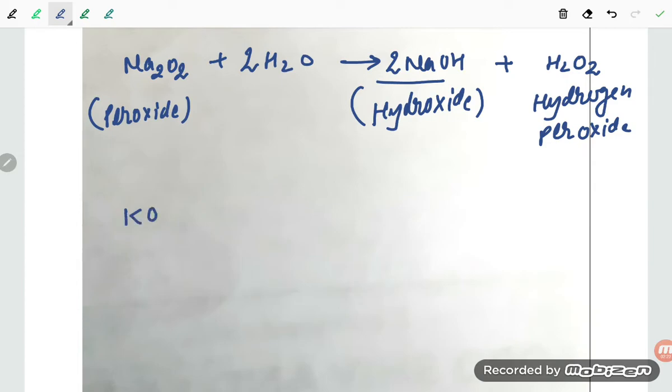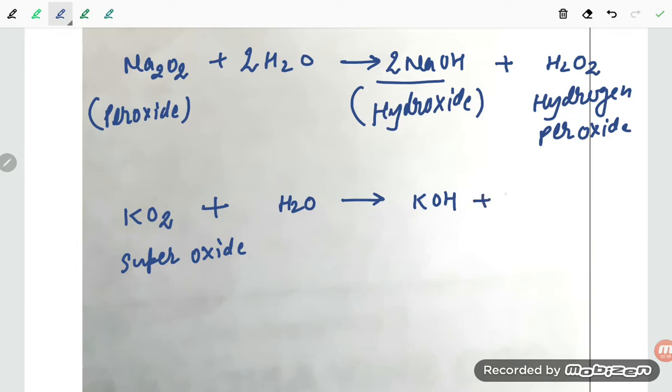Now the next point, superoxide, KO2. This is the superoxide. If it reacts with water, H2O, what is it going to give? It gives hydroxide plus hydrogen peroxide, H2O2, and together it will give dioxygen.